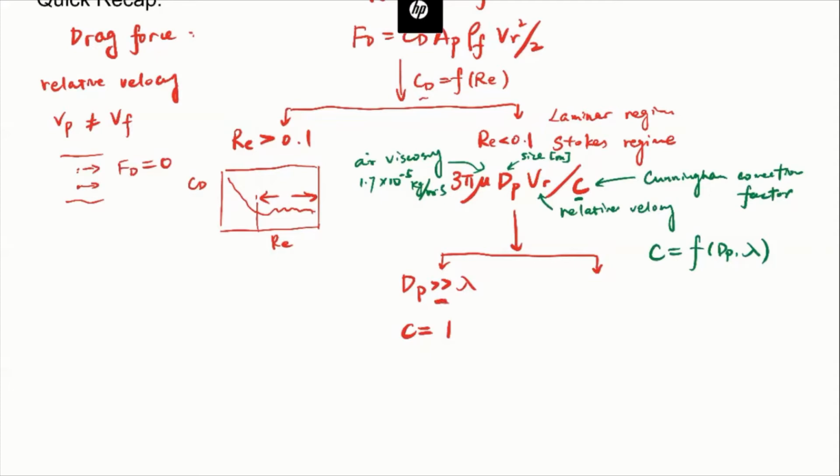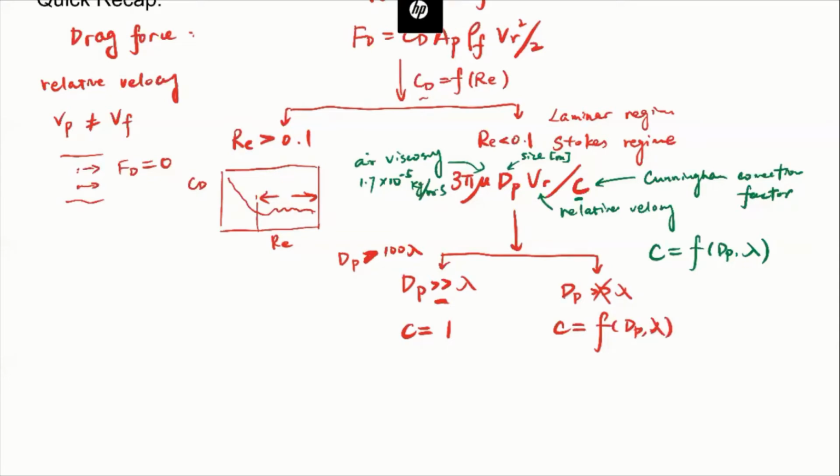This much larger sign just means that d_p is probably larger than 100 times lambda. But when d_p is comparable, or not much larger than lambda, we have to plug in this equation and then calculate the actual drag force.